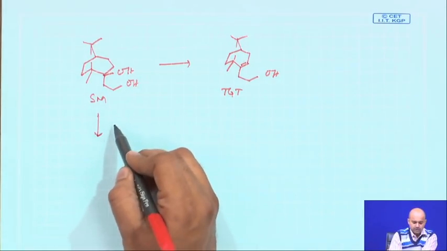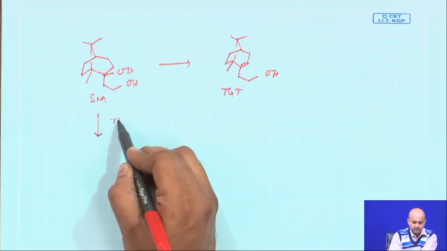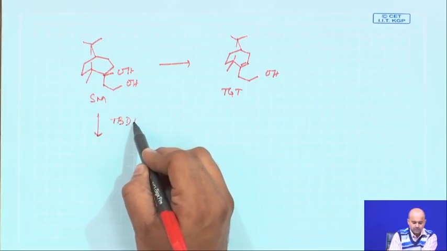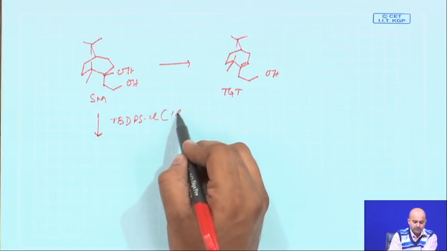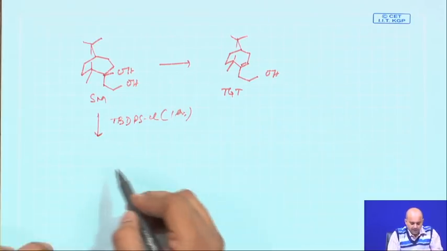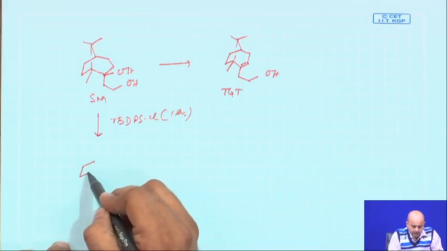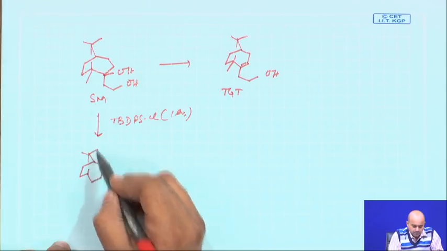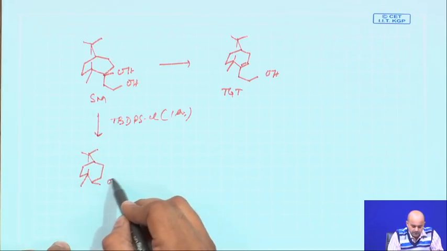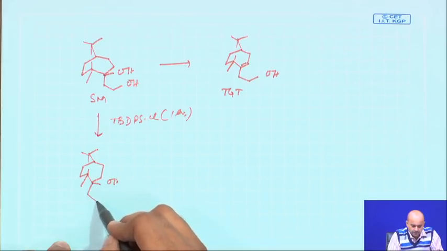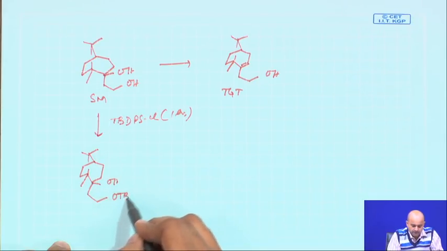The best way is to protect it with a bulky protecting group, TBDPS-Cl, one equivalent definitely. Then you will have this OH and this CH2OTBDPS.